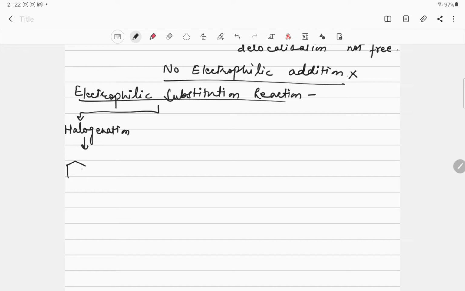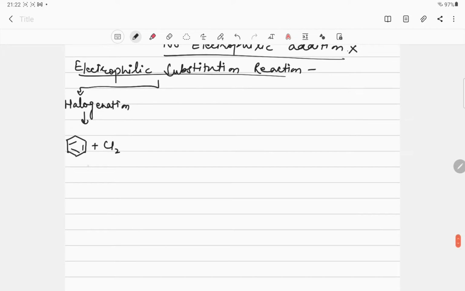We will take benzene on reaction with one of the halogens, say we are doing chlorination, so plus Cl2. The reaction will take place in presence of a Lewis acid.